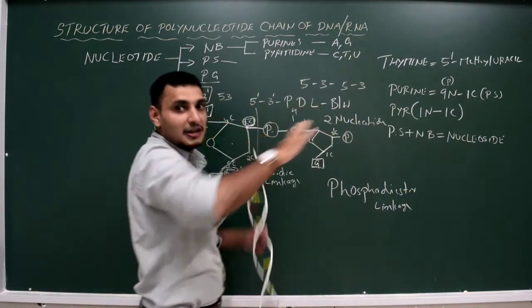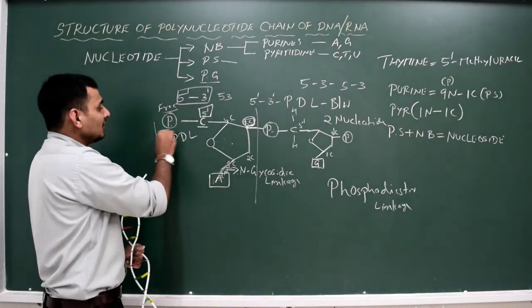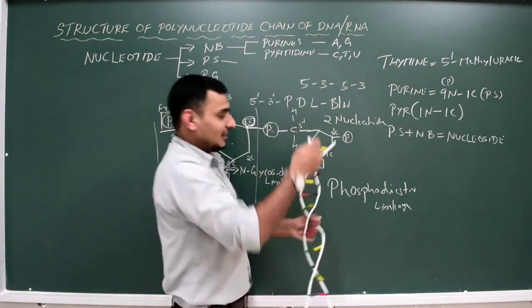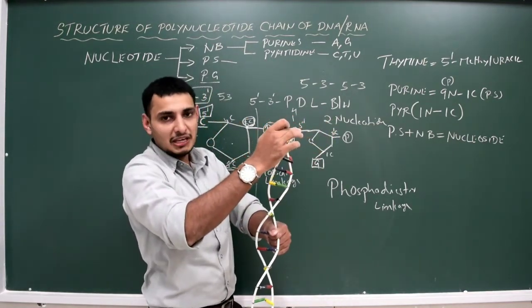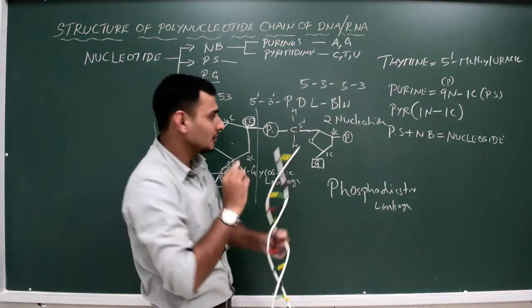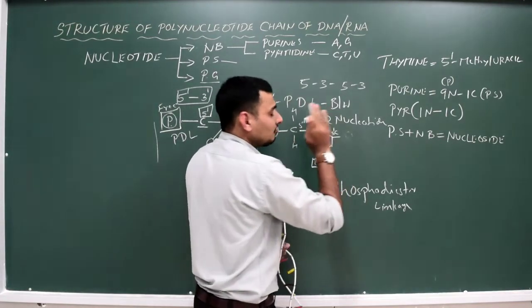It continues like that. Now, what is present at the beginning of the DNA? That is a free phosphate. What is there at the end of the DNA? That is the terminal of the DNA. This is the beginning of the DNA strand, and this is the end of the DNA strand. I am talking about a single strand, that is one polynucleotide chain. Let us assume that this is the end of the DNA.